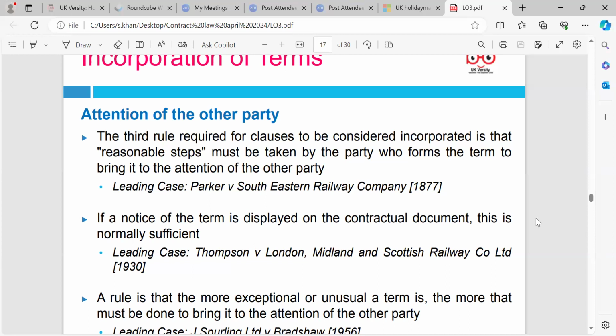The decision by the courts was that a retrial was ordered. The judge's direction at first instance that Parker was not bound by terms he had failed to read was incorrect. Parker would not be bound by the terms if he did not know that they were printed on the ticket, but where he knew there were terms on the ticket or that there was writing on the ticket, he would be bound, providing the jury was satisfied he had been given sufficient notice.